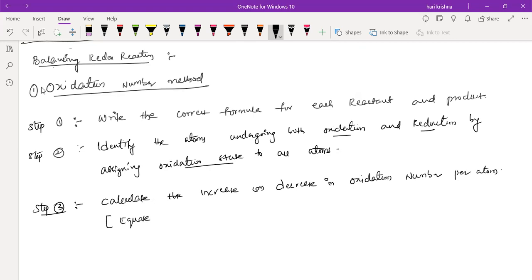Number of electrons lost is equal to number of electrons gained. The number of electrons lost should be equal to the number of electrons gained.